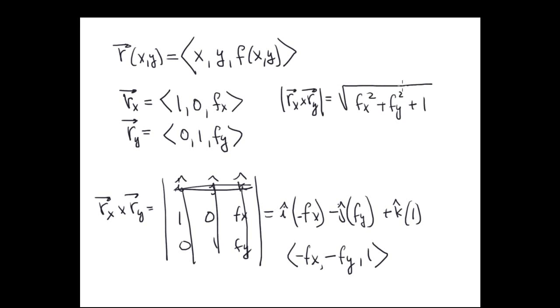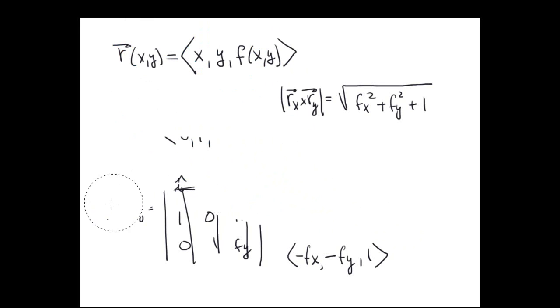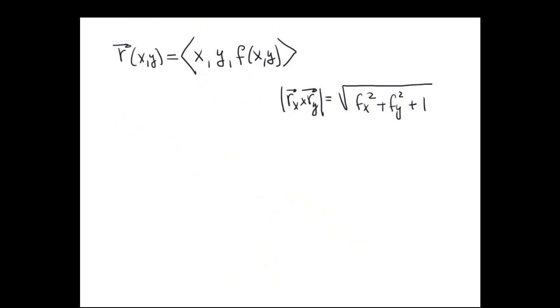And the formula to compute the surface area is then: surface area is equal to the double integral over the domain D, and remember the domain D is the shadow on the xy plane of this graph, of the square root of 1 plus f_x squared plus f_y squared, dA, which is dx dy.